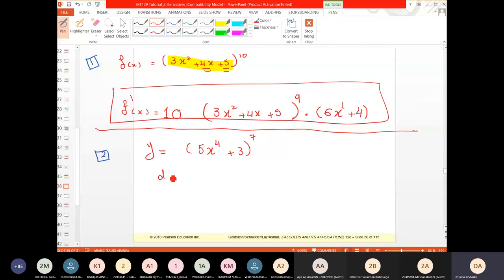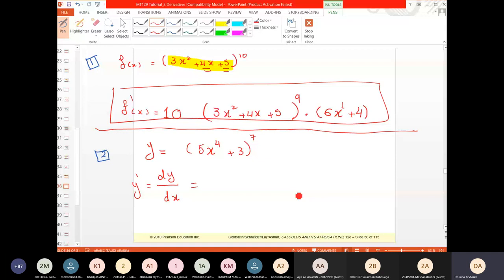I want you to find dy by dx. What does dy by dx mean? It means the derivative, y dash. I want y dash here. It's equal to what? I have a bracket to a power 7.